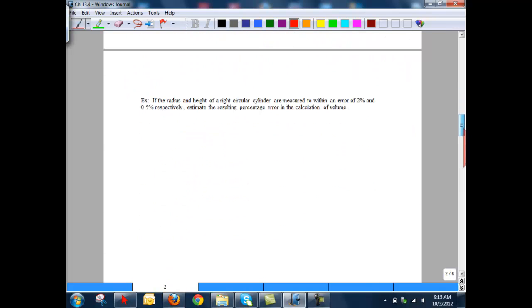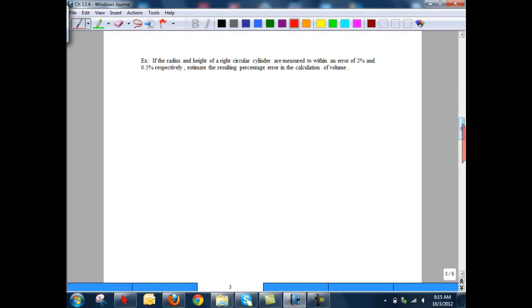Okay, first example. Suppose that I have a right circular cylinder and I measure its radius and height. And of course if I want to know volume, I'm going to use my usual formula, pi r squared h.